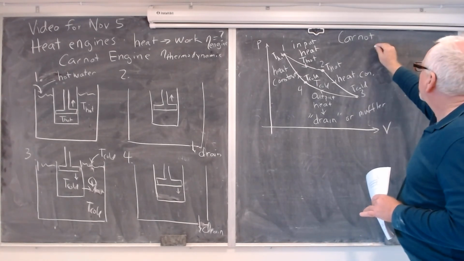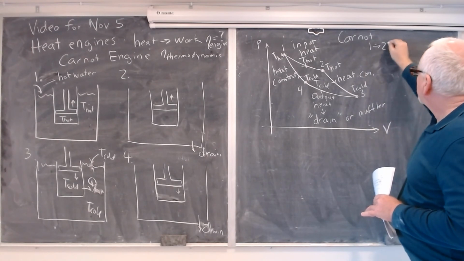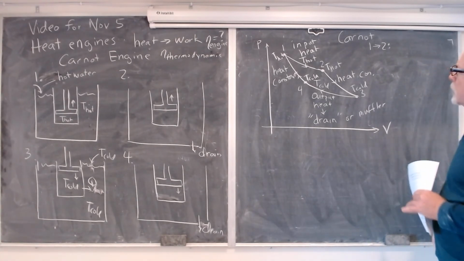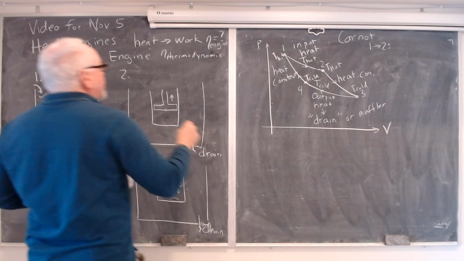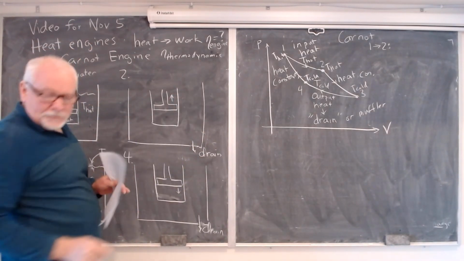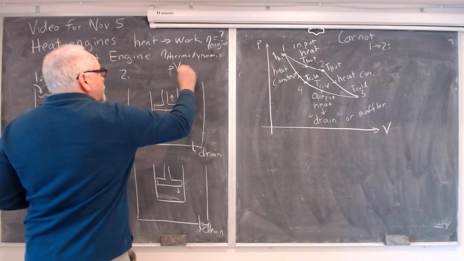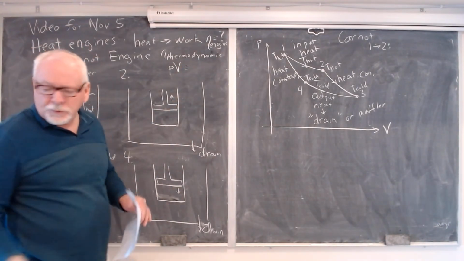Okay, P of V. So from 1 to 2. Now what I'm going to do is put off to the side here, right under thermodynamics, because that's where it belongs, the ideal gas law. I'm going to write it in a different way than you may be used to, just for shorthand.